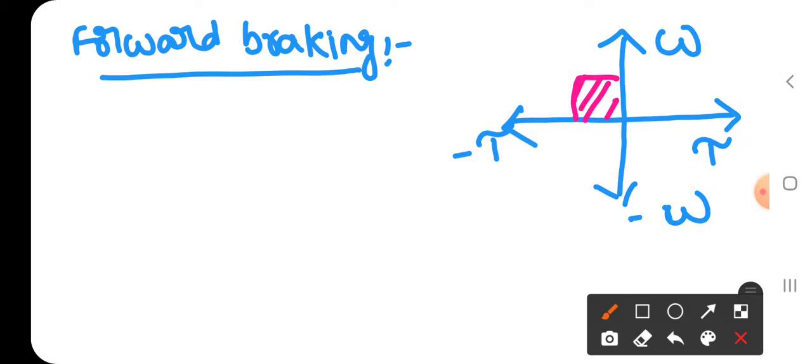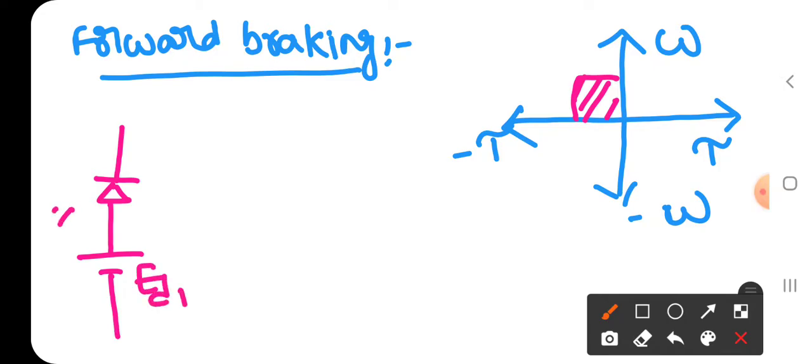So how can you draw the circuit for this? Torque is negative in the sense the current will flow from AA to A. So it is like this. It is ED1. Why I am representing this in the sense this shows the converter.